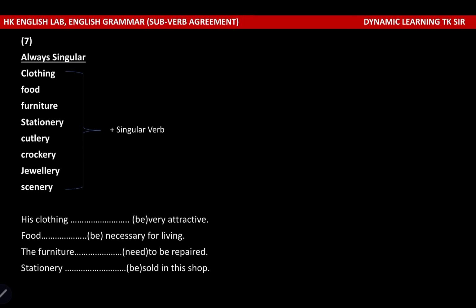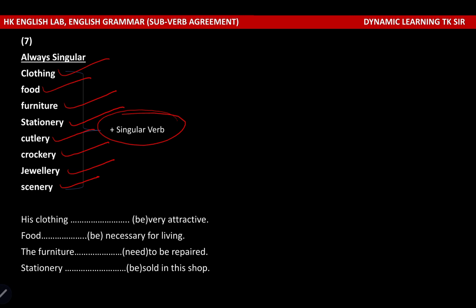They do not have any plural form. So if they are singular in form, then what verb will they receive? Of course, a singular verb. Like clothing, food, furniture, stationery, cutlery, crockery, jewelry, scenery.